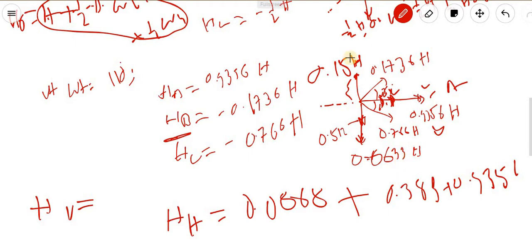We got this one, 0.512 H. And for the horizontal component, if we sum these 3, what will be the result? 0.0868 plus 0.383 plus 0.9351. So the result is 1.4049 something.